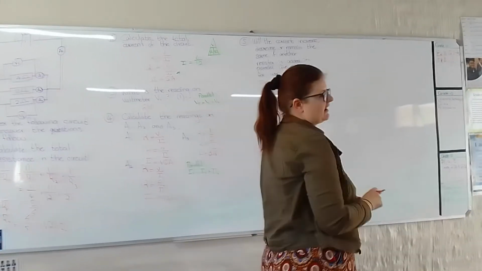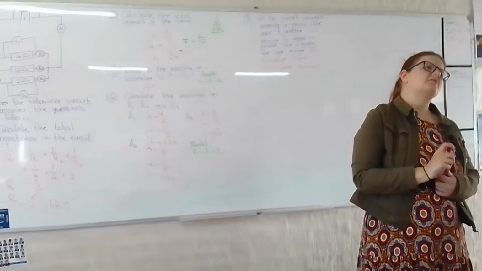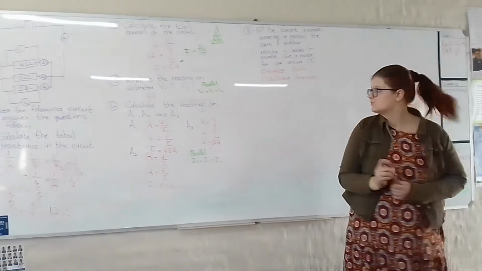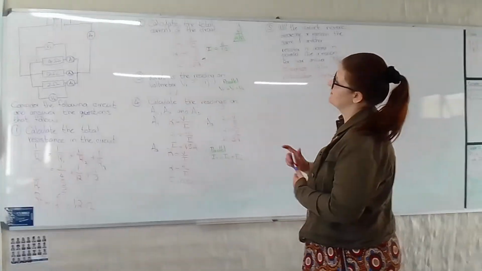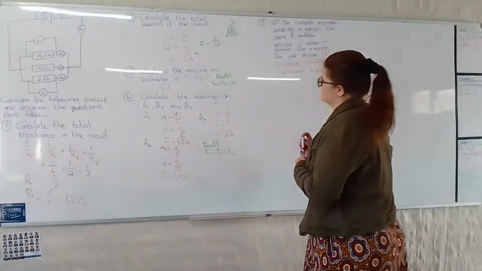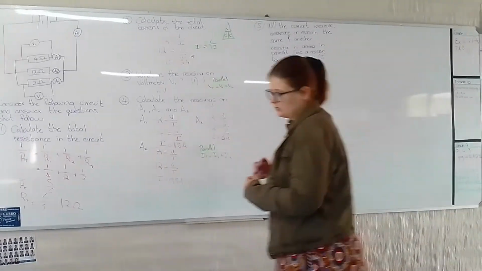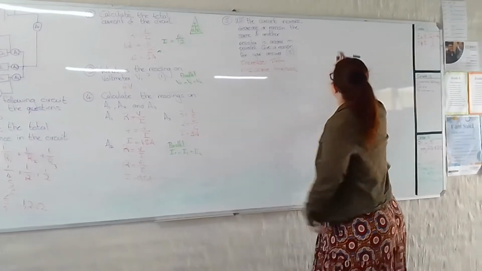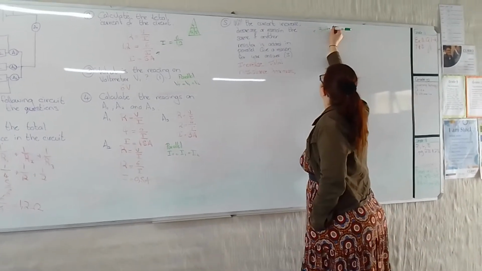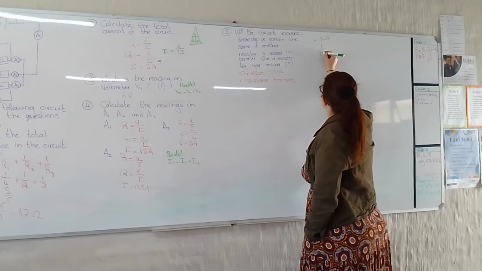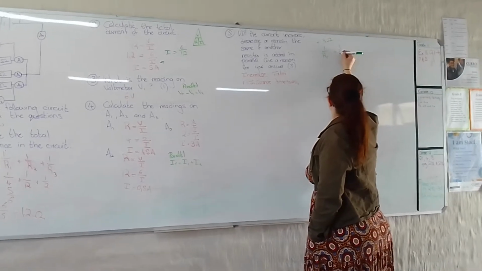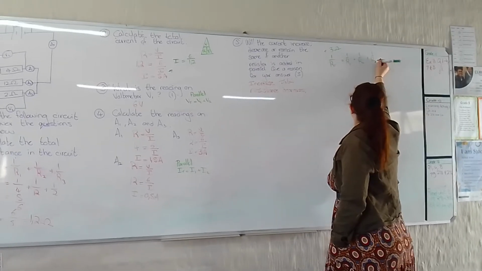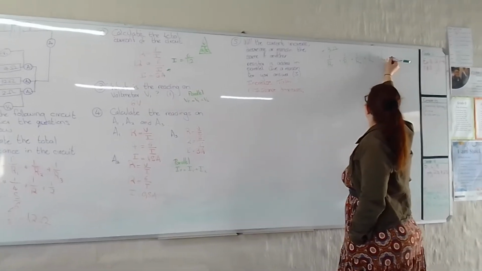Remember, when I add another resistor in parallel, my total resistance will decrease. Why? Let's just say I add another 3 ohm resistor. Now I'll have 1 over R total is equal to 1 over R1 plus 1 over R2 plus 1 over R3, and now plus 1 over R4.